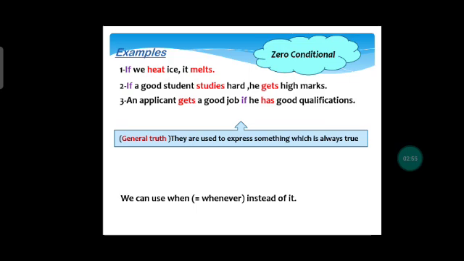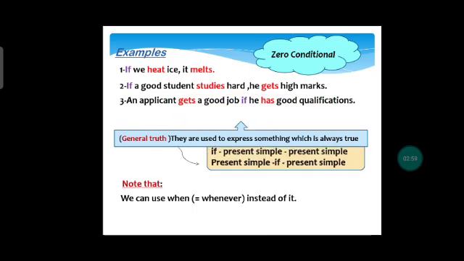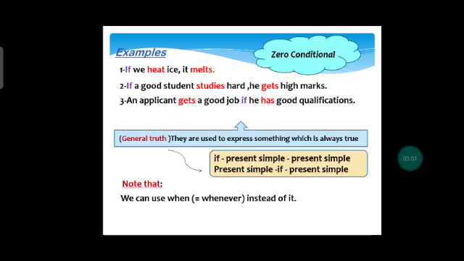They are used to express something which is always true. If clause, present simple. Main clause, present simple too. If in the middle. What comes before it, present simple, which is the main clause, and what's after it is present simple also, which is the if clause.